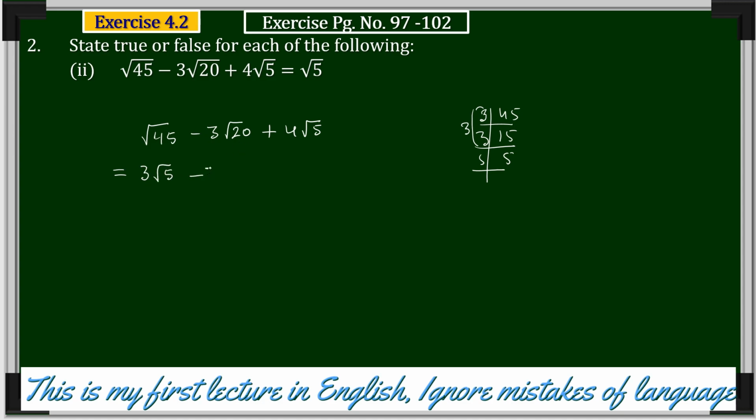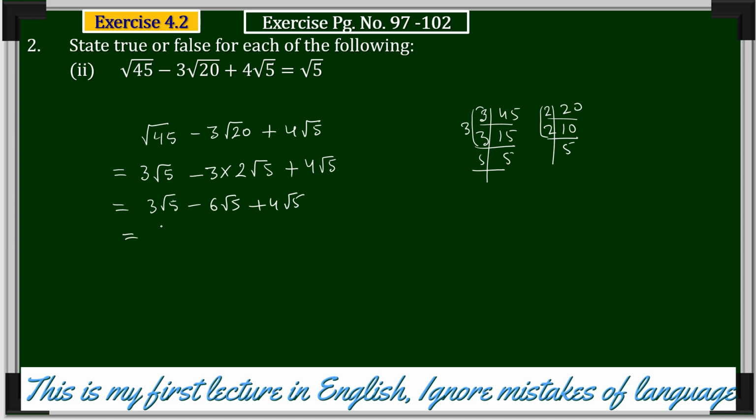minus 3 multiplied by root 20 converted into mixed form. So divide 20 by 2, it's 10, divided by 2, it's 5. So 2 has a pair, so you can write it as 2 root 5, and next is 4 root 5. Okay, so it is 3 root 5 minus 6 root 5 plus 4 root 5.